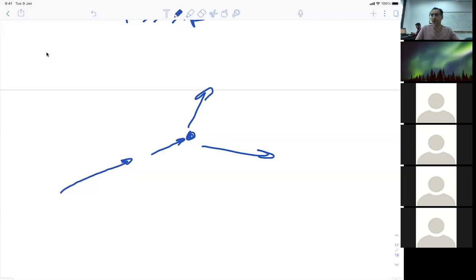Now, this is a typical scattering problem that you studied in quantum mechanics, so you all know what happens there. This is not something that you can treat classically. So for us, the impurity is essentially a box.